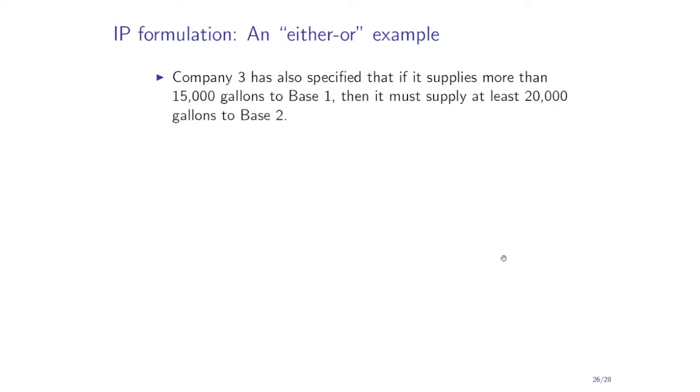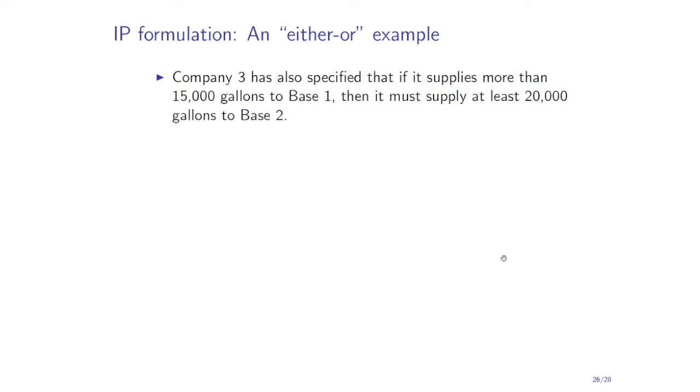Okay, let's have a look at the last condition. Company 3 has also specified that if it supplies more than 15,000 gallons to base 1, then it must also supply at least 20,000 gallons to base 2. Okay, in order to see this either-or pattern, this means that there are two cases.